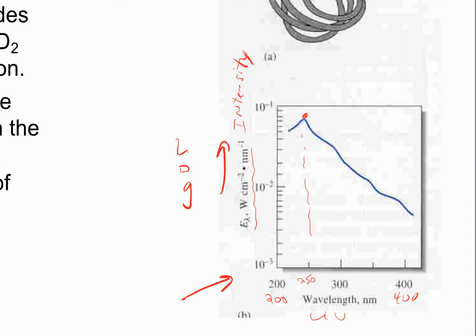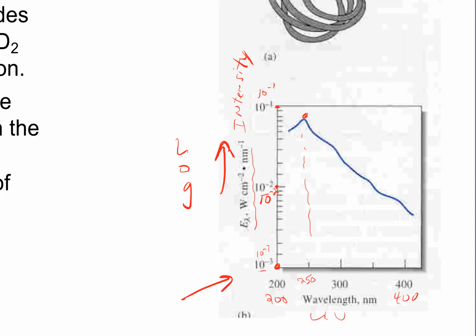Now, since our y-axis is a logarithmic scale, we have to think about it a little bit. Right here, we've got 10 to the minus 1 power, and then here it's 10 to the minus 2. So between this point and this point, there's a 10-fold difference. And down here, it's 10 to the minus 3.